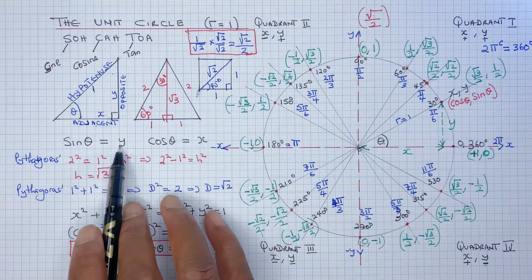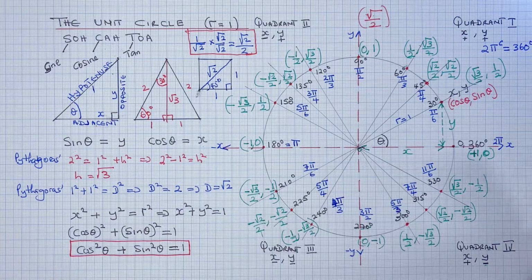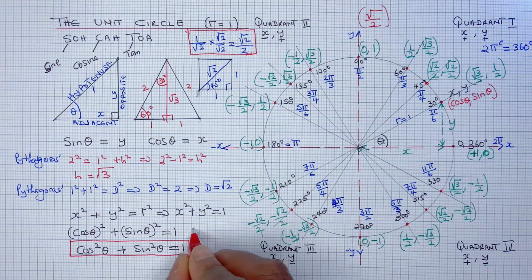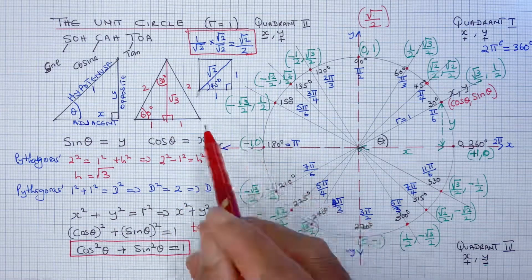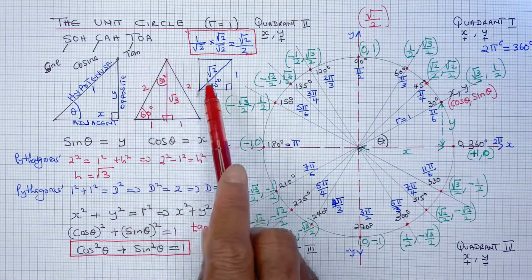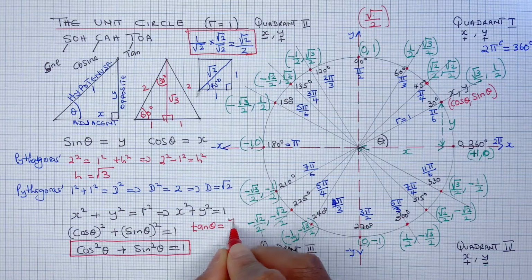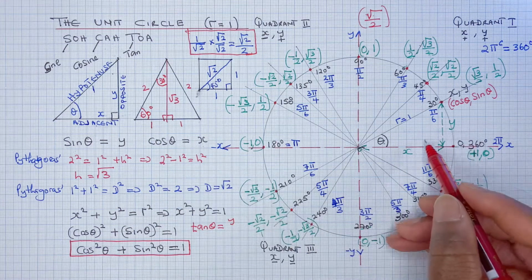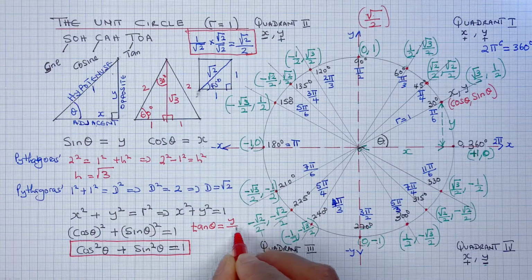The other important equation here is tan theta. Because sine theta equals y and cos theta equals x, to write tan theta we can write it here. Tan of theta equals, tan is opposite over adjacent, so y is opposite and adjacent is x, so y over x.